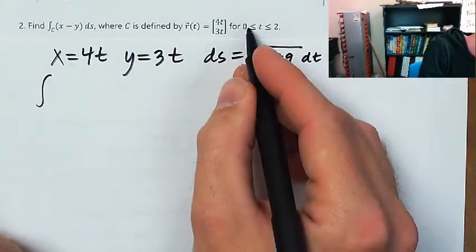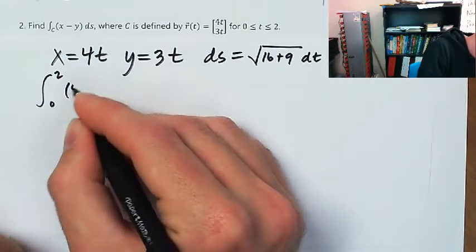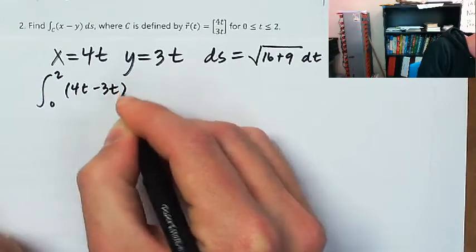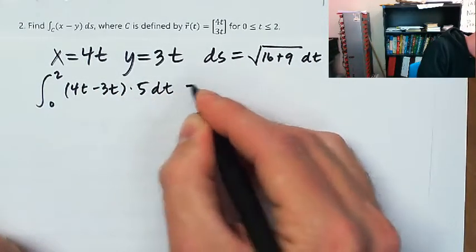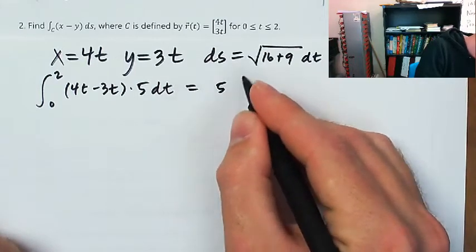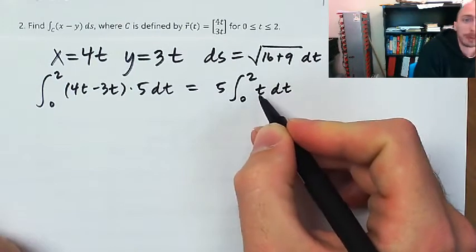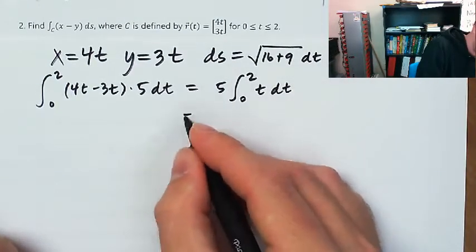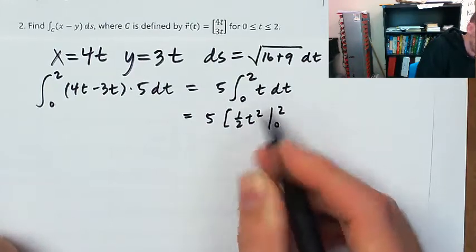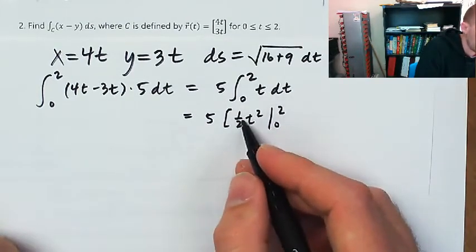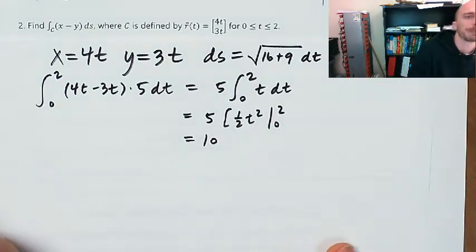So I'm going to be integrating as t runs from 0 to 2, x minus y, ds is 5 dt. Okay, so that's going to be 1/2 t squared. Okay, and it's going to be half of 4 is 2 minus half of 0, so I've got 10.